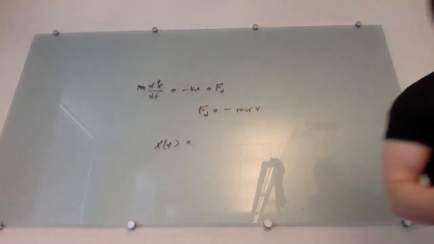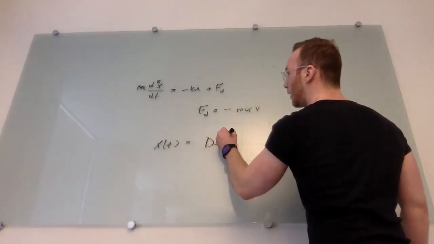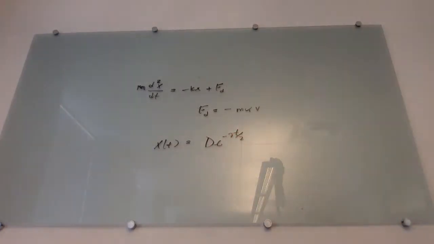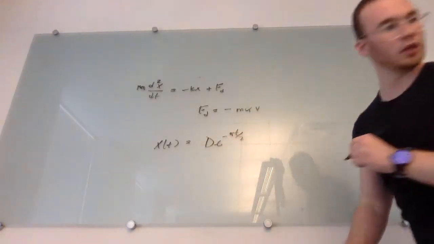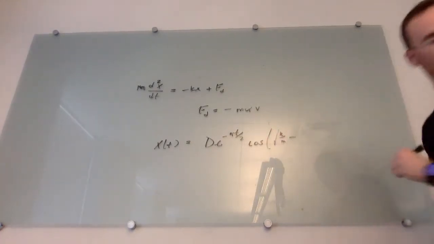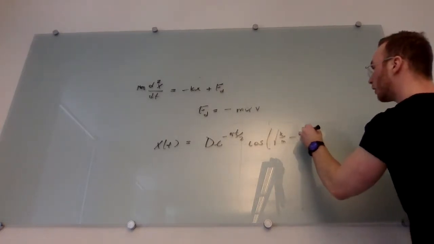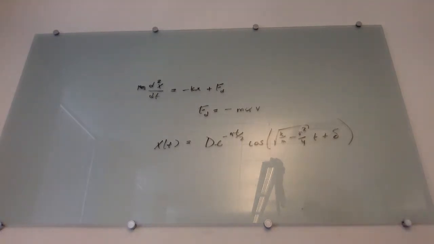Let's write exactly what they have for a damped oscillator, which is d e to the minus gamma t over 2, equation 6.6, times cosine of radical k over m minus gamma squared over 4 times t plus delta for the phase. They use delta.